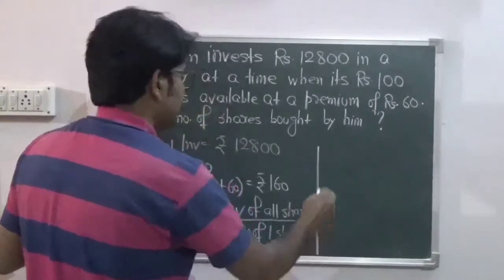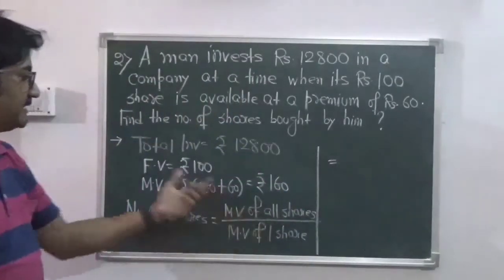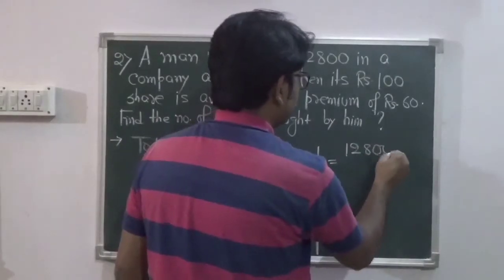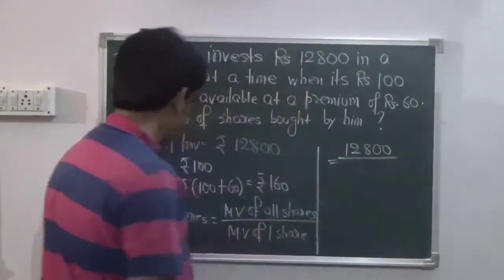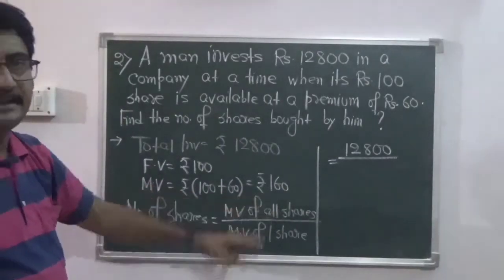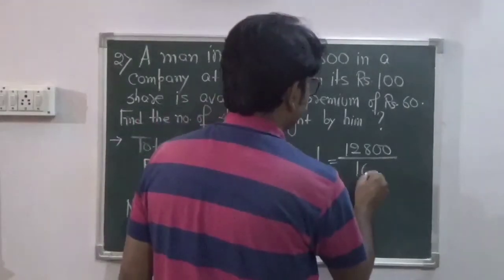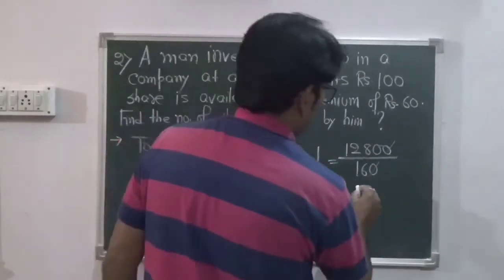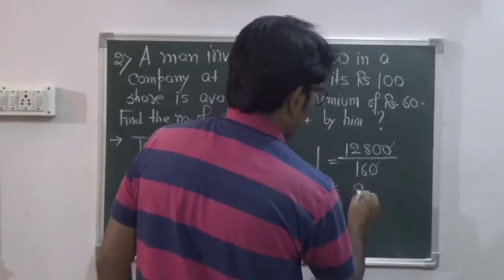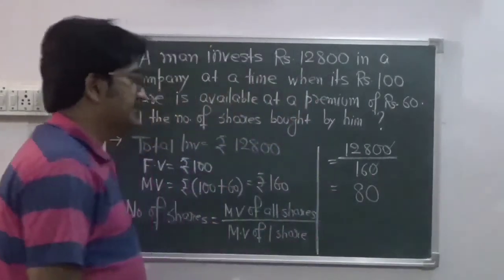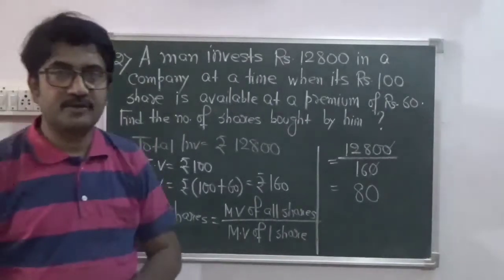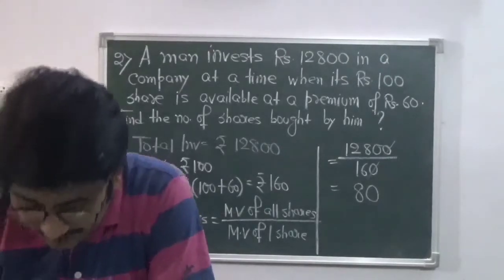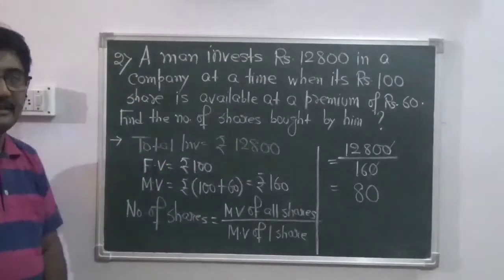So this comes to, now the market value of all the shares, that is the investment, 12800, divided by the market value of one share, 160. So it is coming to 80 shares. So the total number of shares purchased is 80. Let me check also. Yes. So I think it is clear now.